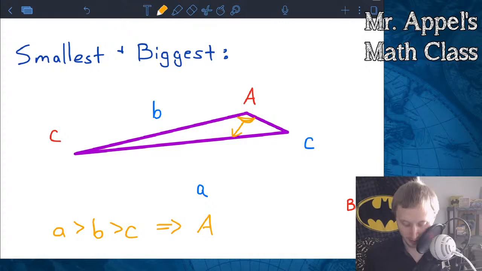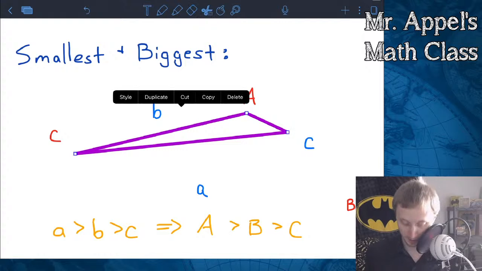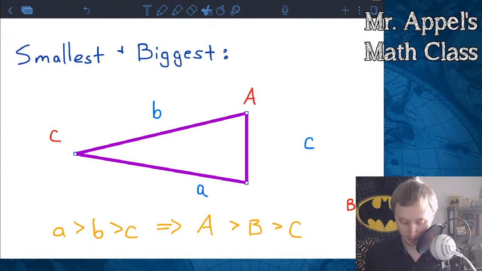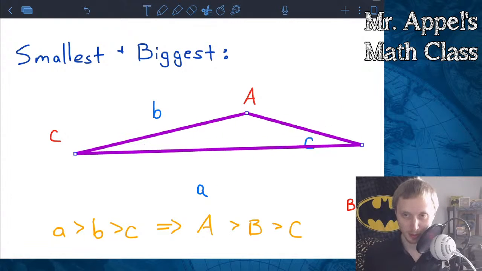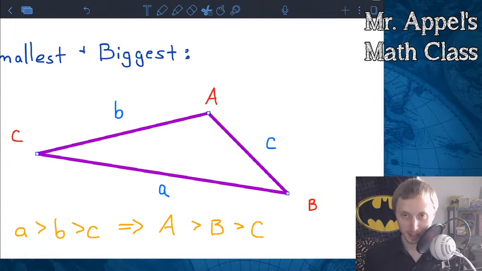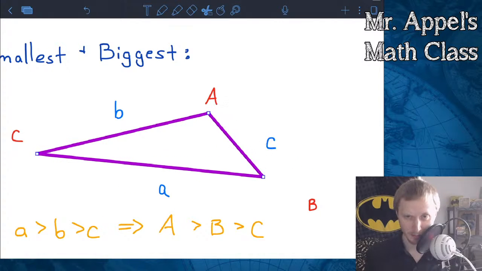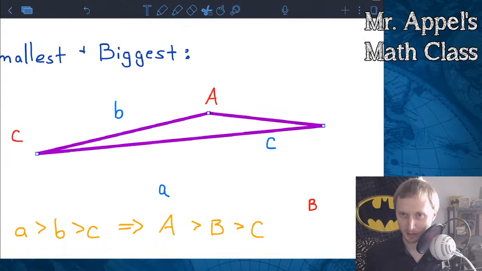So angle A will be greater than angle B, and it'll be greater than angle C. And certainly by the time we get to C, we can tell, teeny tiny side, teeny tiny angle, right? Even when I move things around. Okay, so as long as side A is the longest side, angle A will always be the biggest angle, right? Anyone not convinced of that?